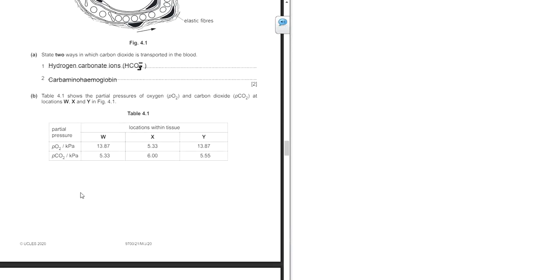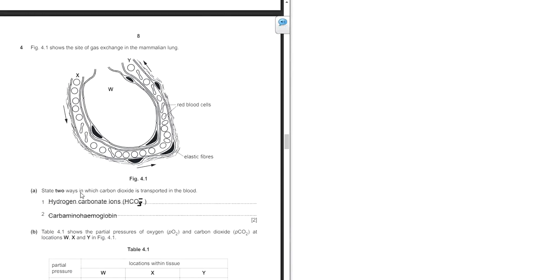We can specify the diffusion a bit more. The diffusion has to occur across two layers of cells, which is the alveolar wall, or this alveolar wall is as well called the squamous epithelium.